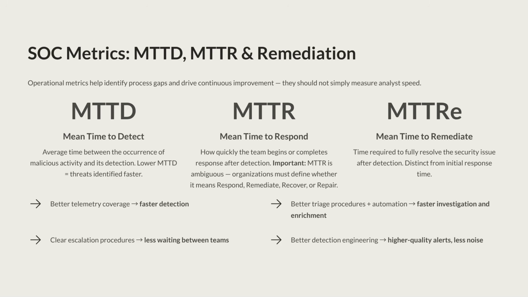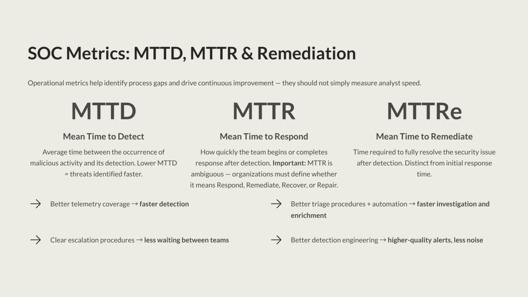Automation can help with some of this, which brings us to SOAR, security orchestration, automation and response. SOAR is commonly used to automate repetitive parts of security operations. Imagine the SIEM generates an alert containing a suspicious IP address. Instead of the analyst manually copying that IP into several threat intelligence platforms, a SOAR workflow could automatically enrich it.